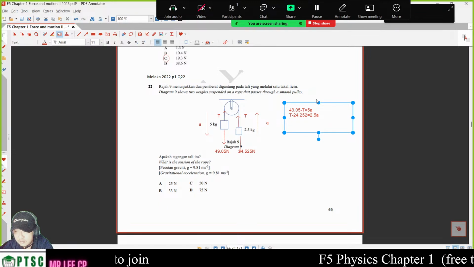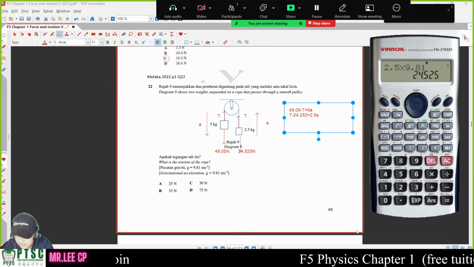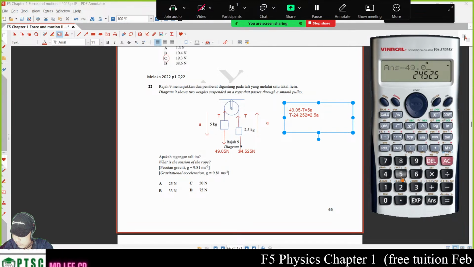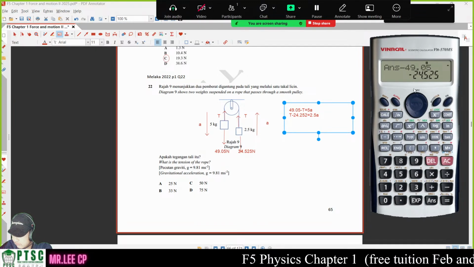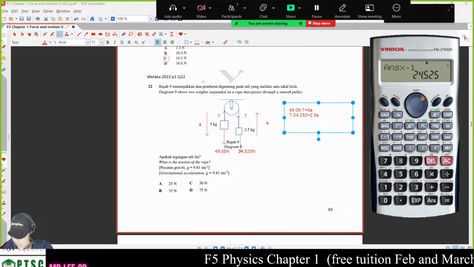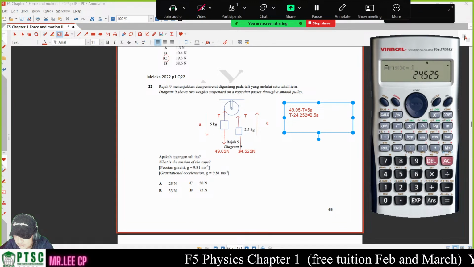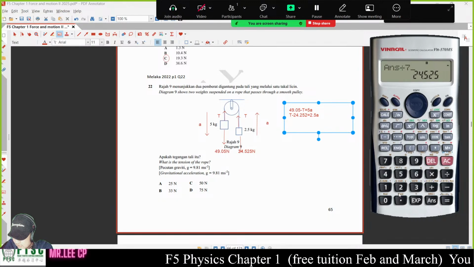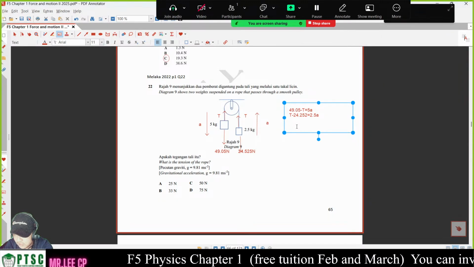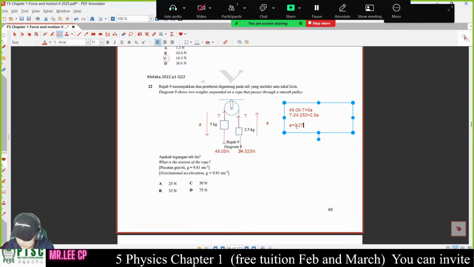This one minus this one, T is gone. Then divide by 7.5, and that gives your A. But they don't ask you to find A. So A is equal to 3.27.